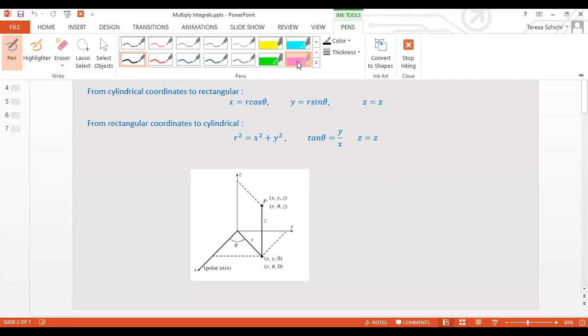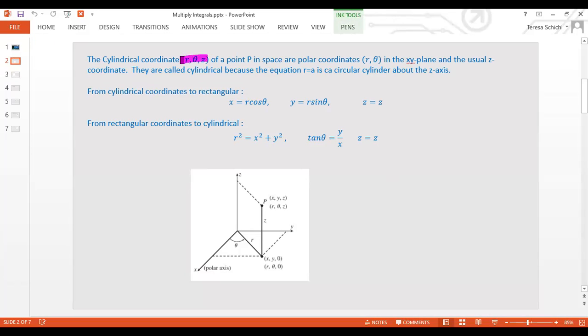It has three variables: r, theta, and z. Basically, the cylindrical coordinate system is a combination of the polar and the Cartesian. So for any point P in space, for the xy plane you have r and theta, and then z is just the z coordinate from the Cartesian.